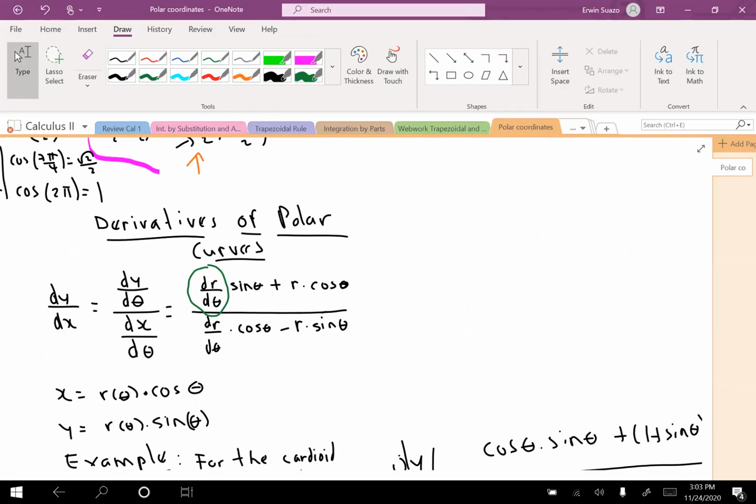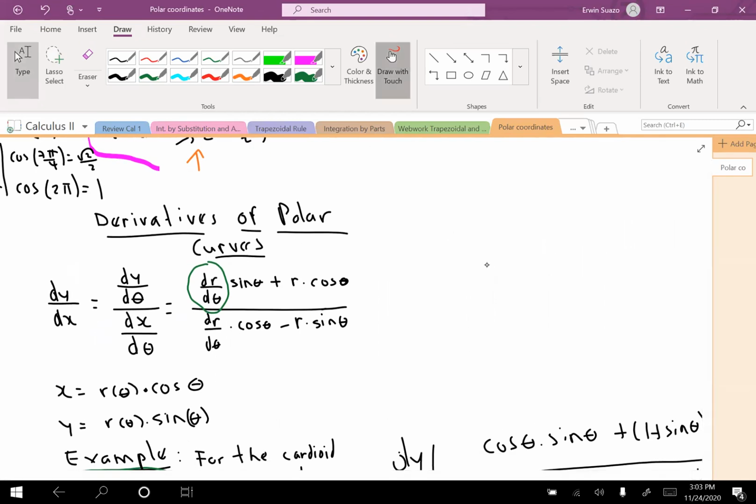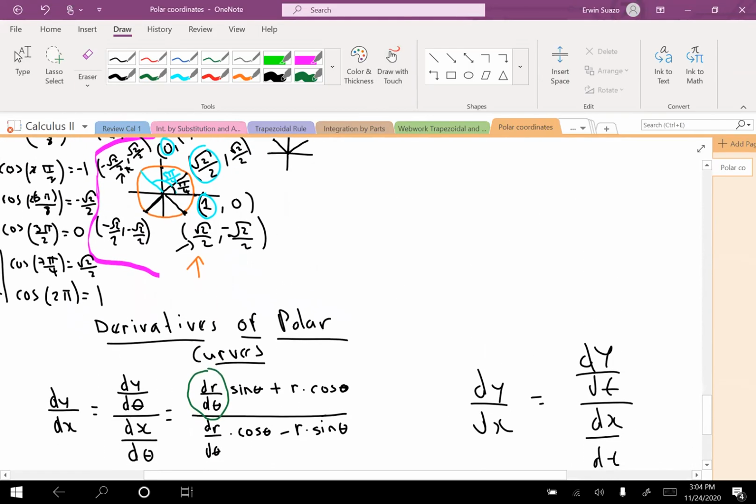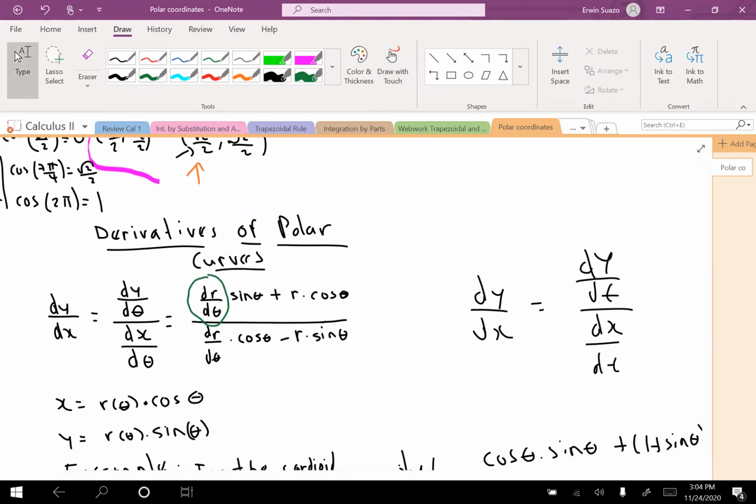Again, I could just give you this one, dy dx equals dy dt over dx dt. But you will have to do this work that I did over here. Yeah, this work we did here. So I'm trying to save you time, but you can just do it like that.